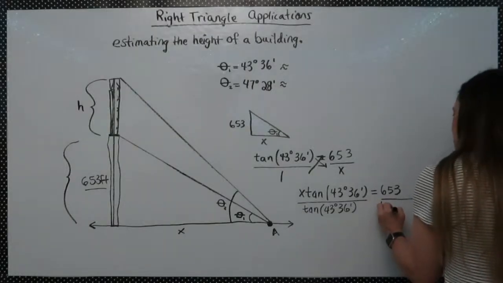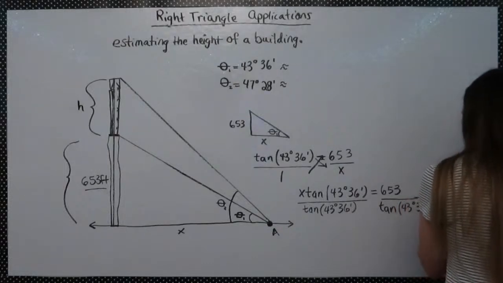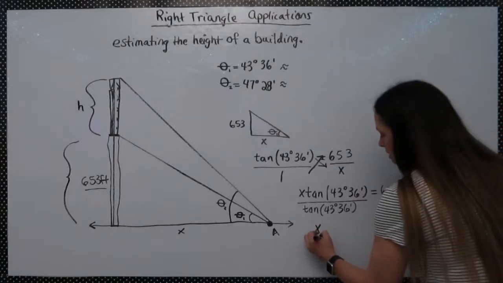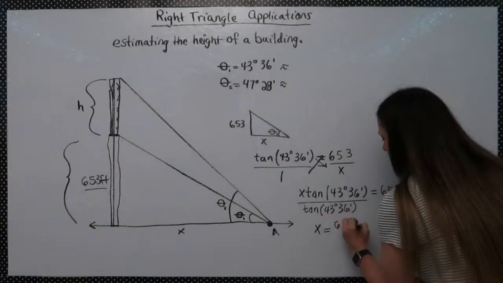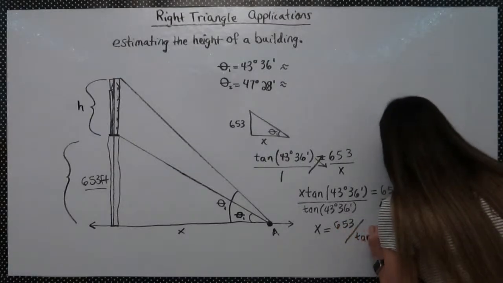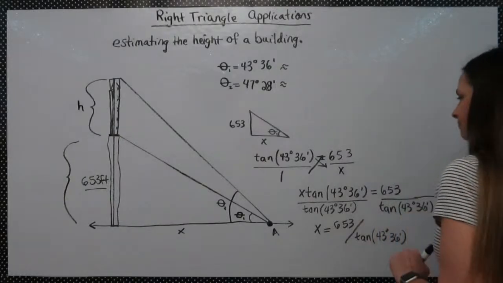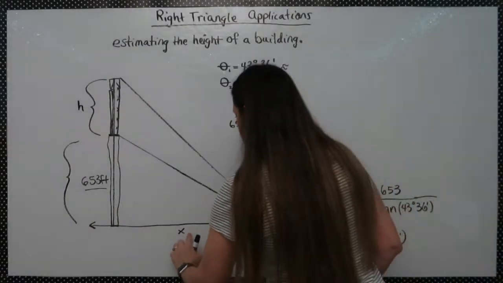And you're going to get 653 divided by that quantity is going to give you x. So x equals 653 divided by tan of that angle, 43 degrees and 36 minutes. All right. And that's going to give us this distance here.